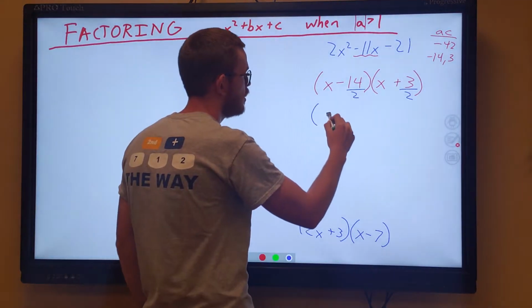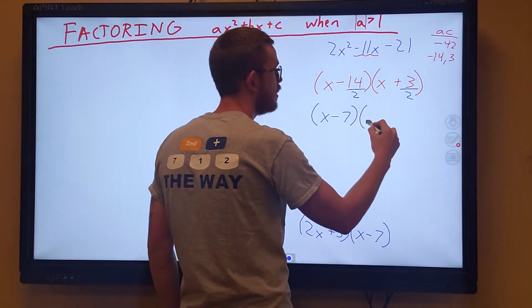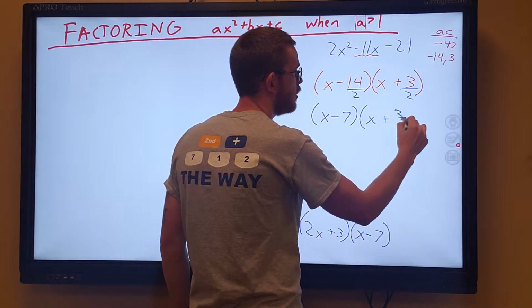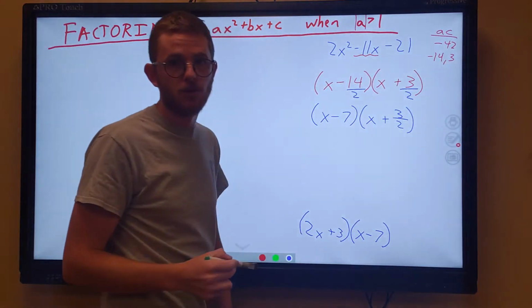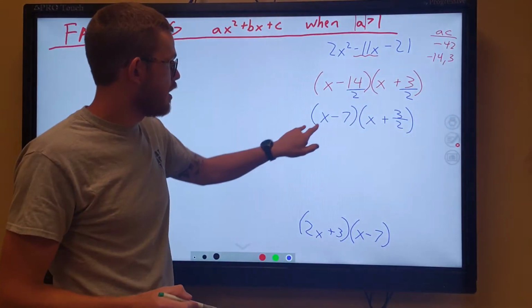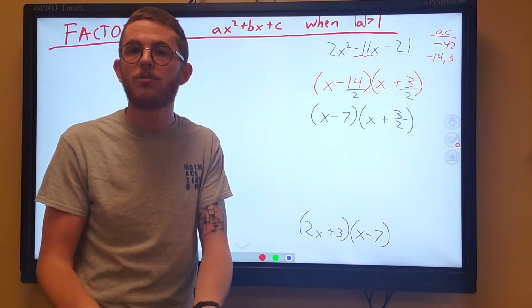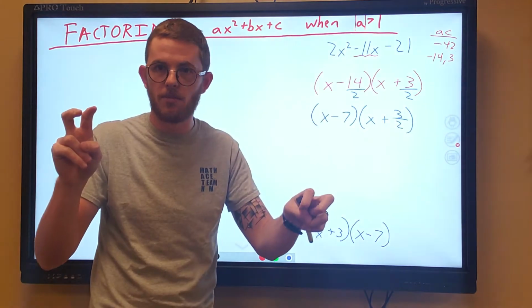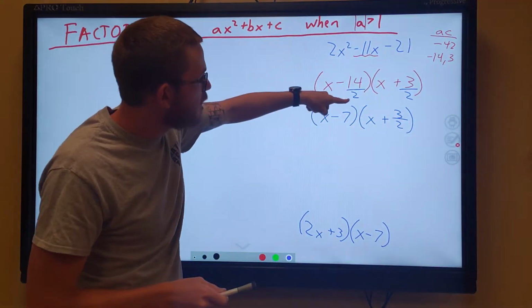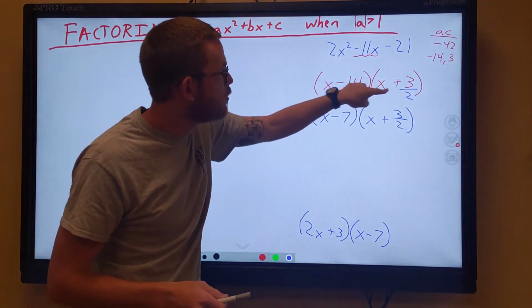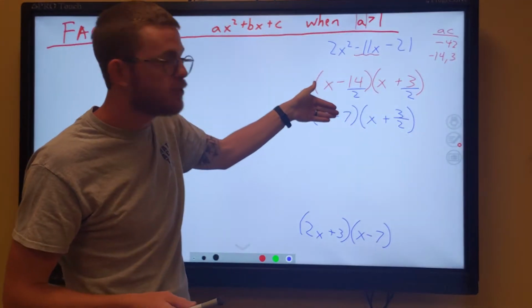Notice right here, this is x minus 7, this is x plus 3 over 2. X minus 7, we can kind of see where these numbers are lining up. We call this method the slip-and-slide method. We slipped the 2 up underneath the numbers. We reduced if we could.